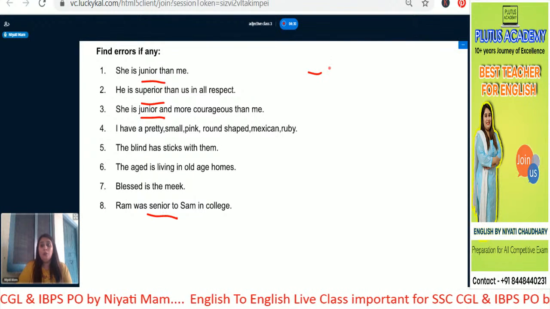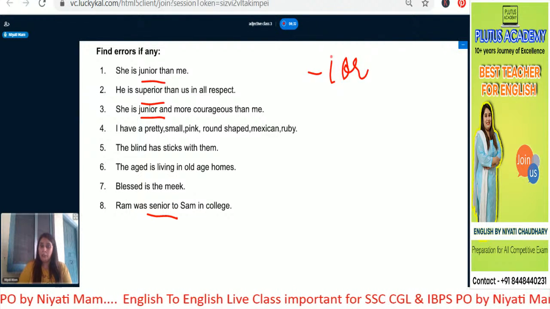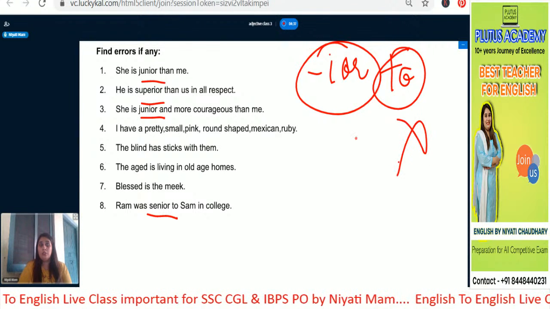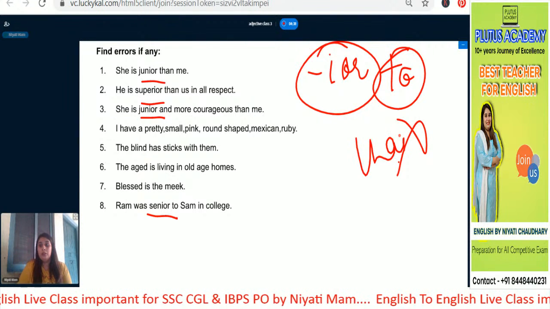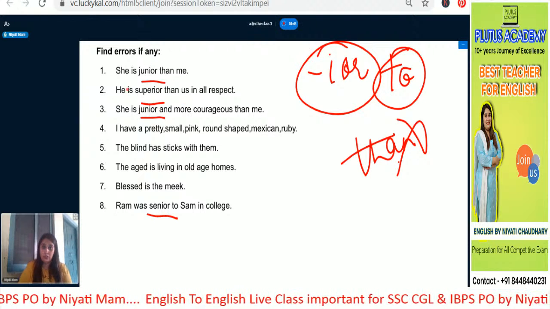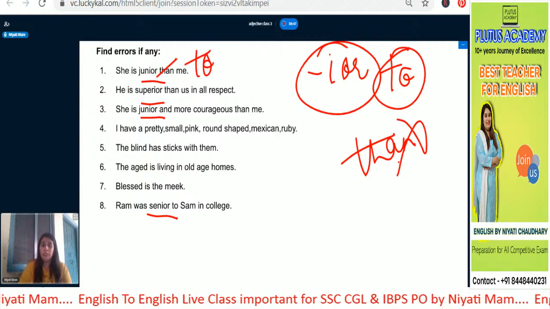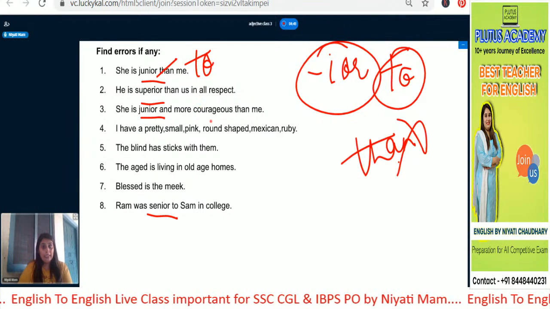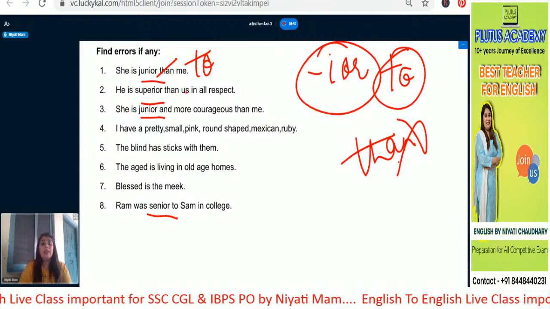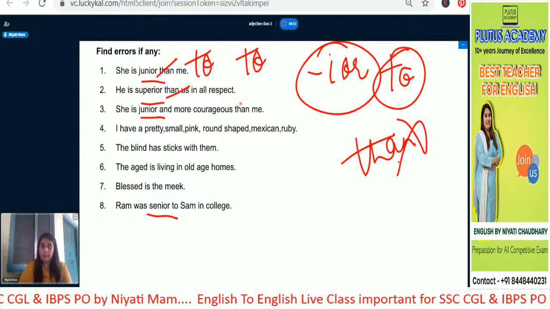And as I told you, the words that end with IOR always take the preposition to, not than. She is junior than me is wrong. She is junior to me. He is superior than us in all respect. Again, the sentence is wrong. The correct sentence is: he is superior to us in all respect.